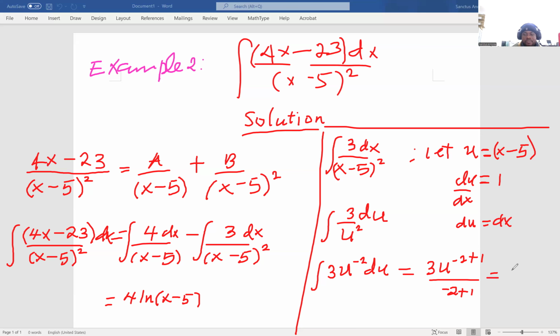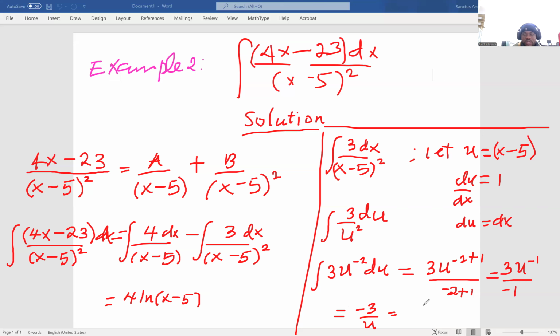So this will be 3 u to the power minus 1 over minus 1. So this at the end of the day will be minus 3 over u. So what's our u?